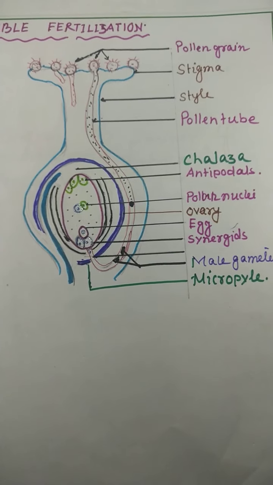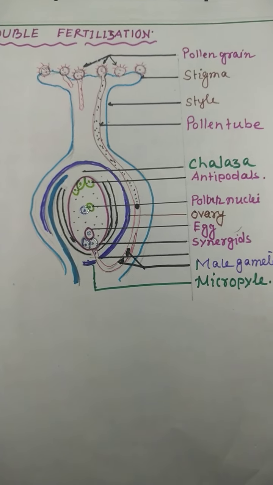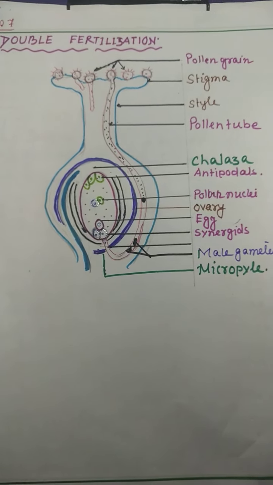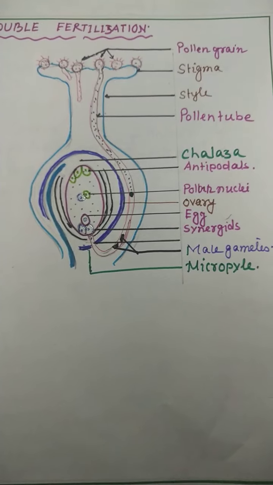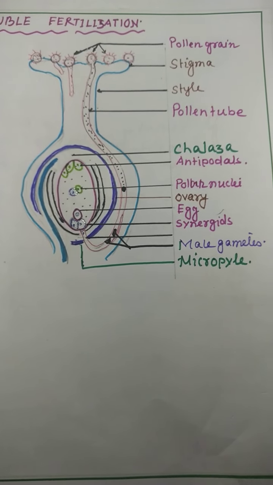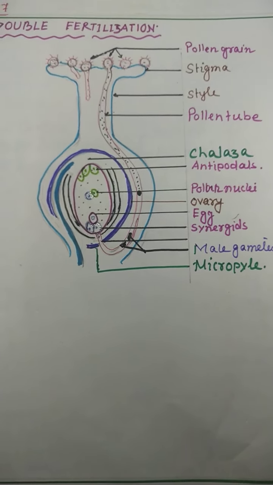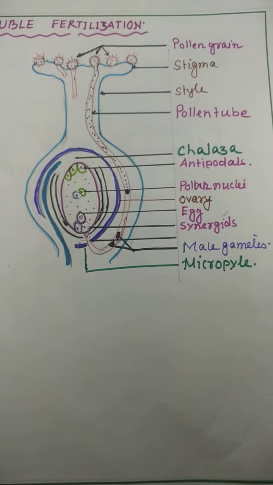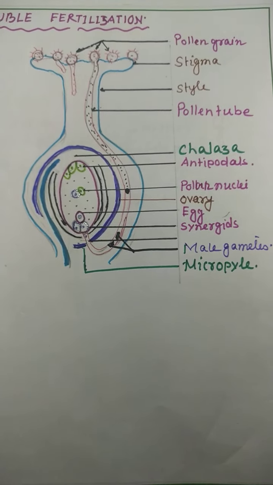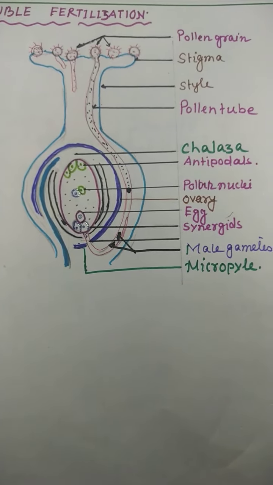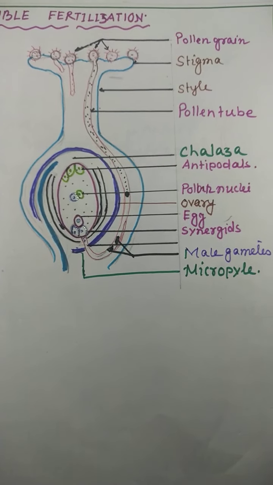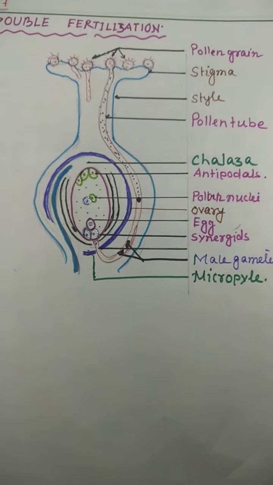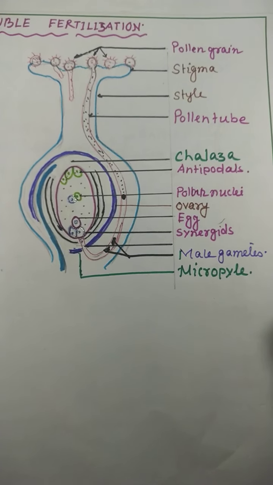In the first part, we discussed the pre-fertilization stages, microsporogenesis and megasporogenesis. During microsporogenesis, microspores, that is pollen grains, are formed within the anther or microsporangium, while in megasporogenesis, megaspores are formed, then megagametogenesis takes place.